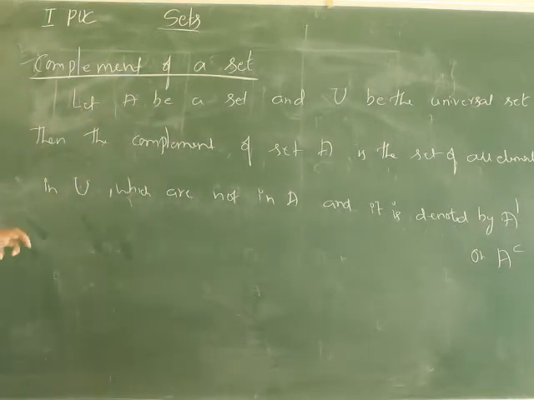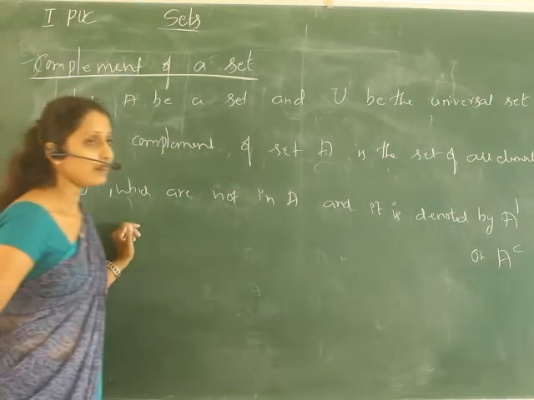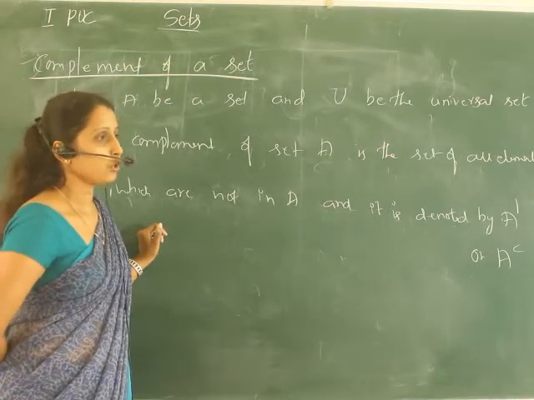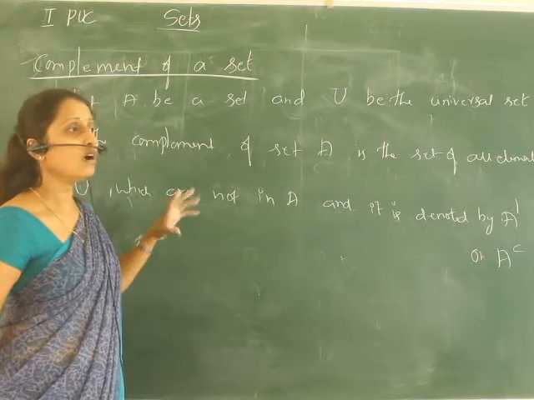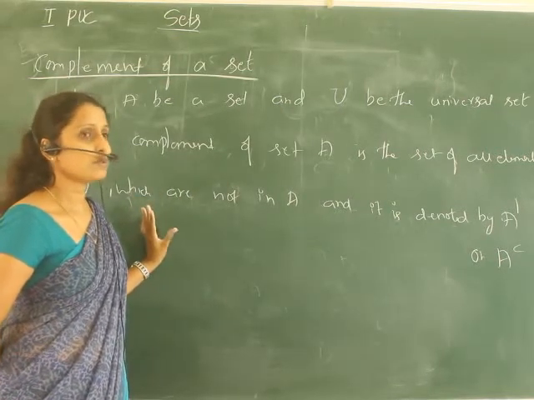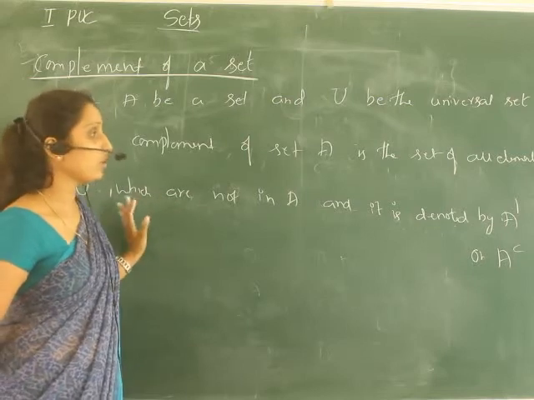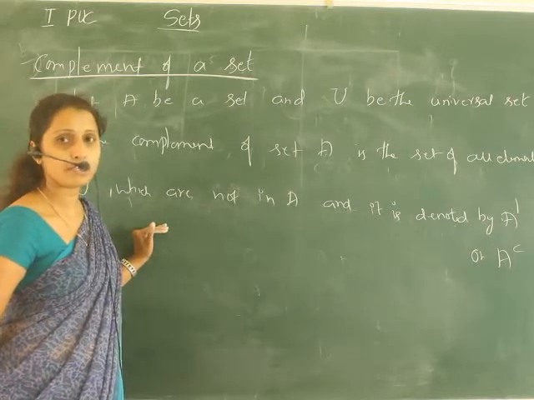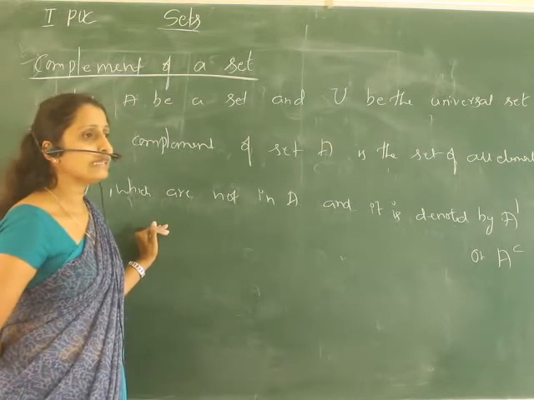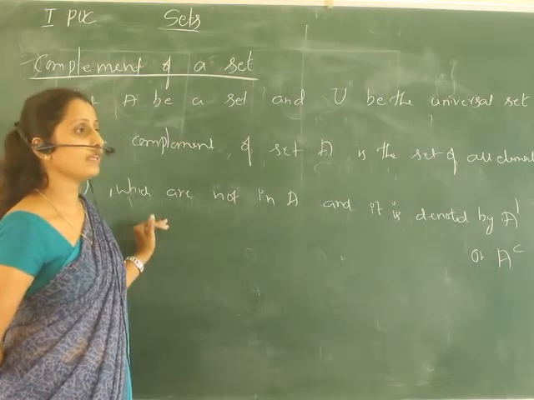A is a set, so to write its complement, there should be a universal set. If I consider the whole college, with first PUC and second PUC, all the students of the college, and A is only the girls, then the remaining are all boys.